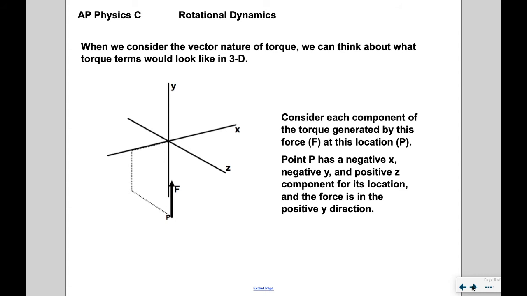The force is oriented in the positive y direction, so it's up. We want to consider the torque that this force generates with respect to the origin along each of the axes. In other words, this force will generate an x component, a y component, and a z component for its torque.